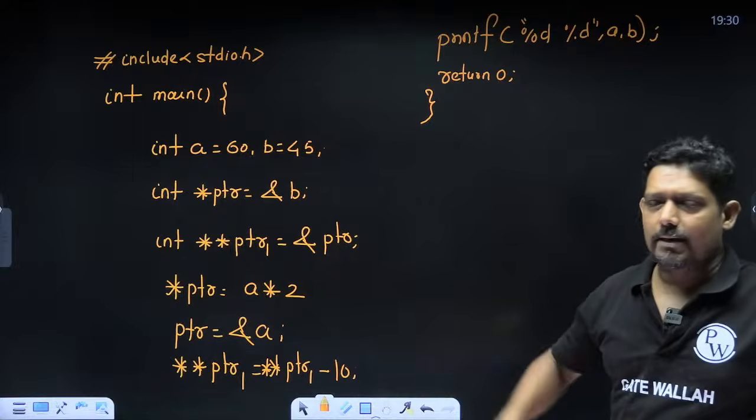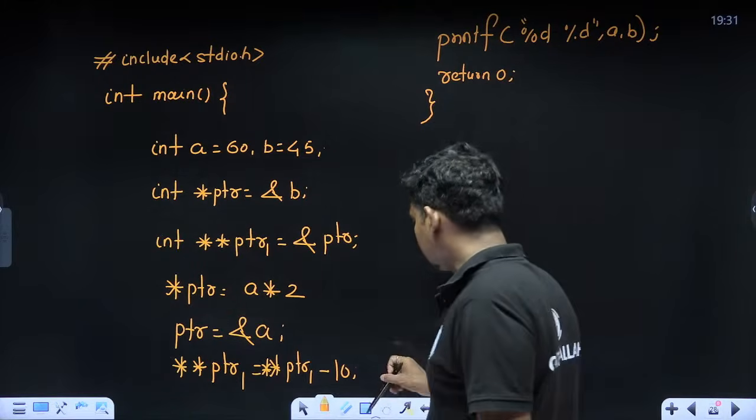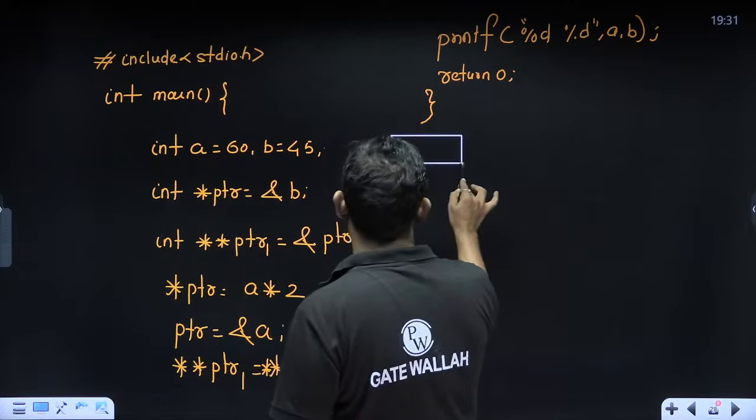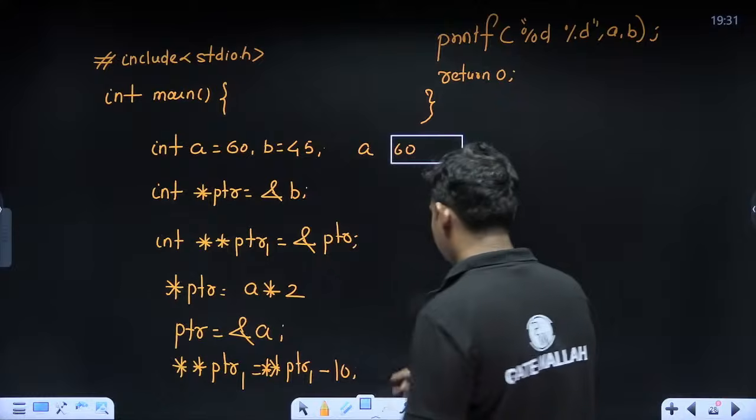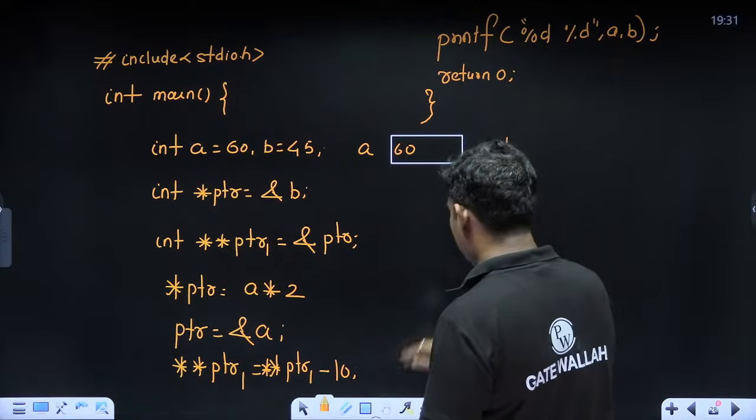Okay, answer. Let's come to this. A is 60. B is 45.